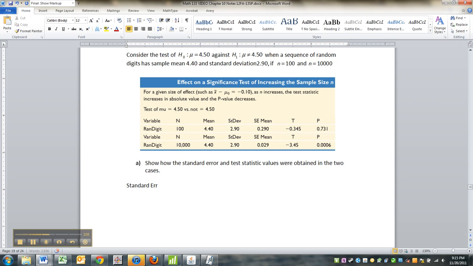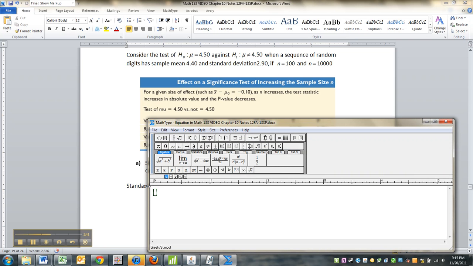Standard error has a formula that you learned in 8.1. Namely, it's sigma divided by the square root of n. This is the standard error of the mean. It's called sigma x bar.